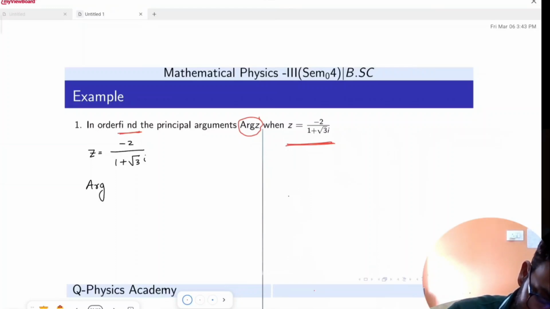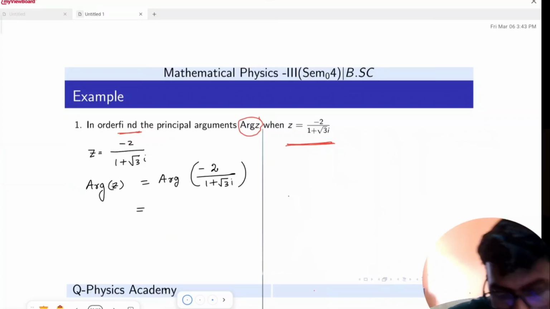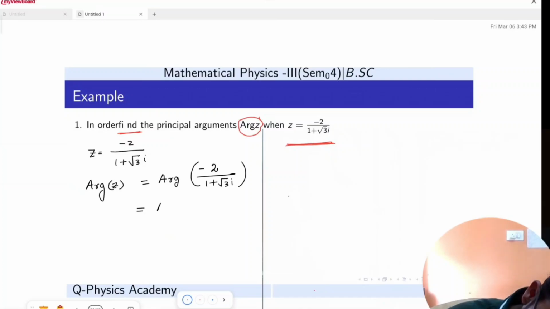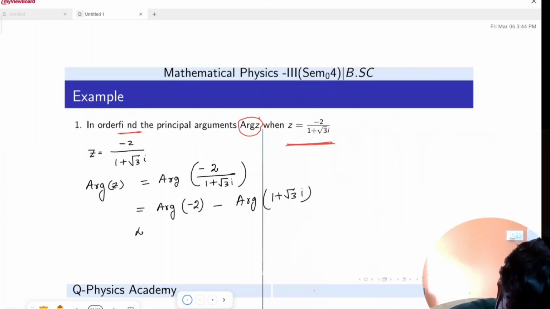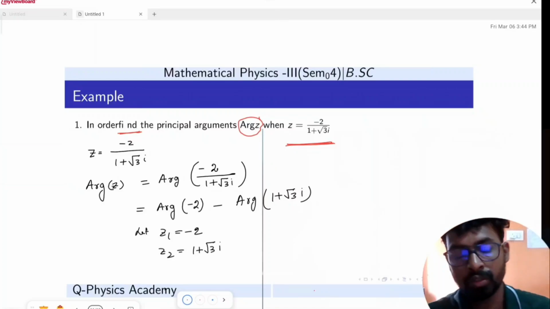So the argument of z means the argument of minus 2 upon 1 plus root 3i. Just follow the quotient formula. So it means the principal argument of minus 2 minus the principal argument of 1 plus root 3i. Let us consider z1 equals minus 2 and z2 equals 1 plus root 3i.